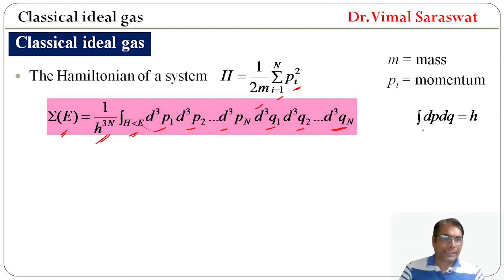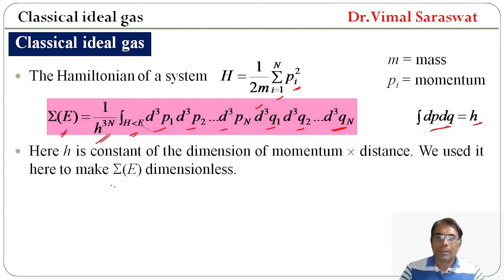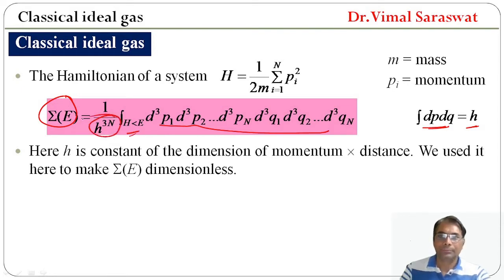Since integration dp dq is equal to h, here h is a constant with the dimension of momentum times distance, and we use it to make sigma E dimensionless, so we divide by h raised to 3n.